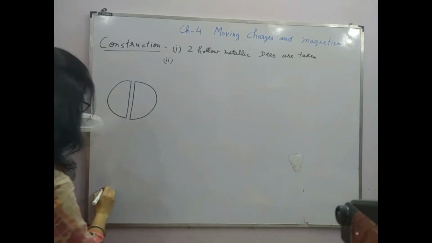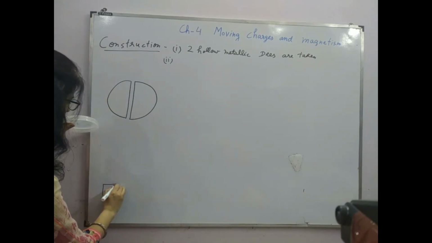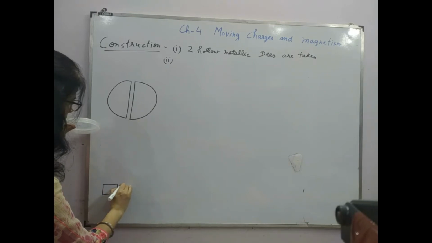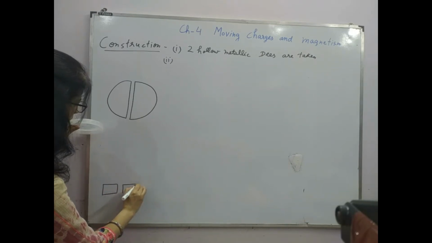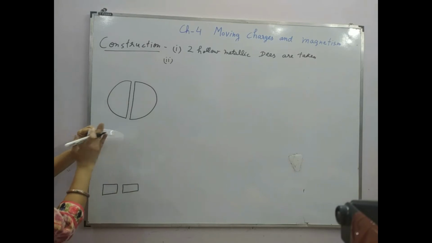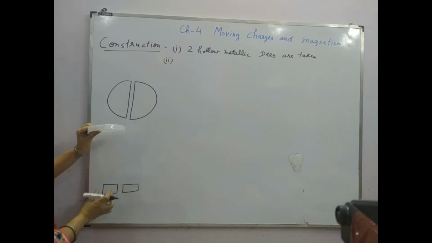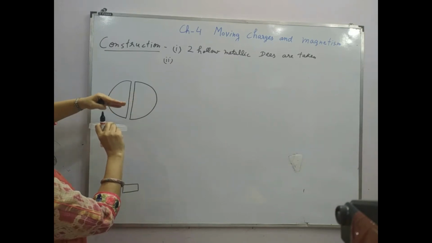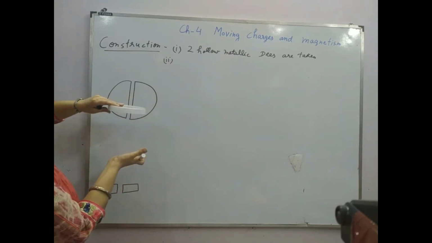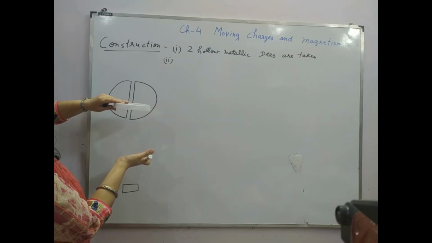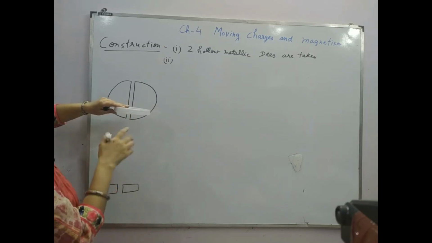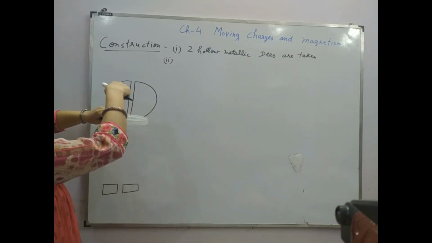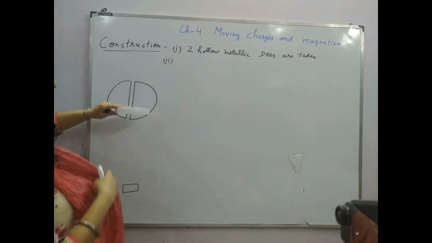So I can show another diagram. This cut part will look like this and this part will look like this. And above it and below it, magnets are kept such that the magnetic field is perpendicular to the motion of the particle.